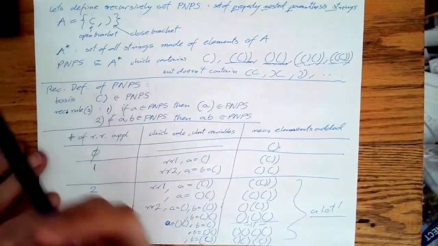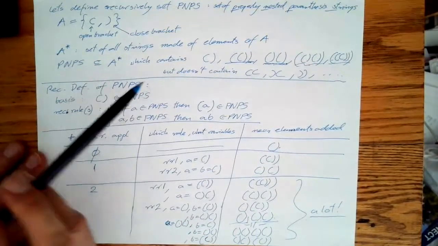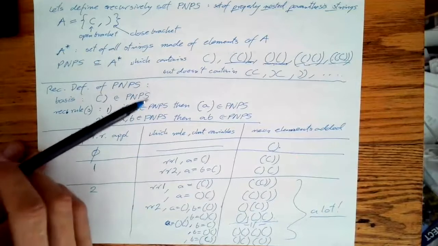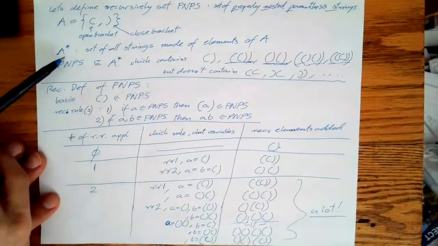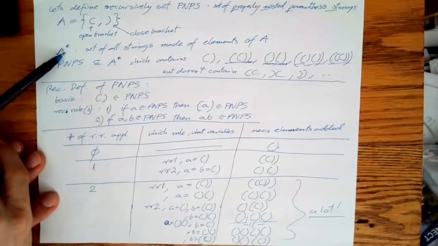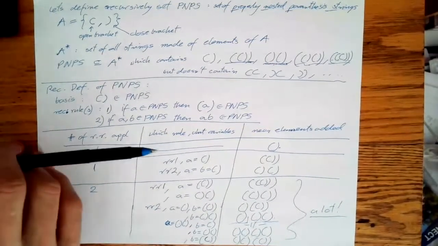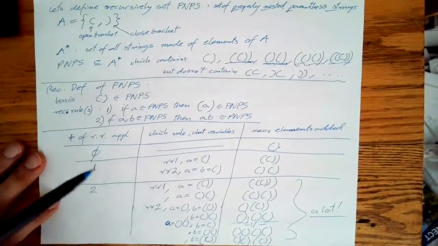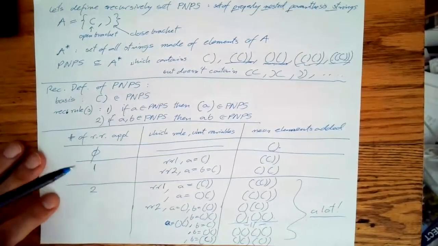And okay, let's say you define PNPS strings using that procedure. So you define all strings here as strings that, if you go through them, will maintain this positive balance or non-negative balance.